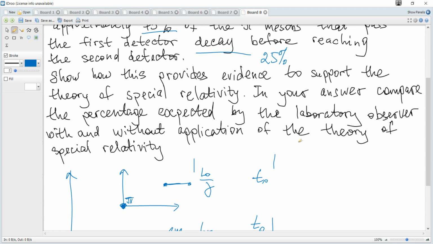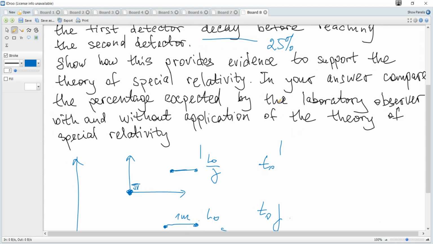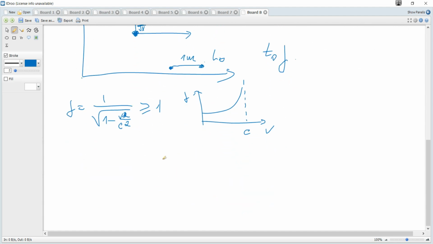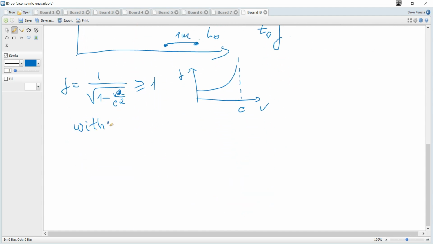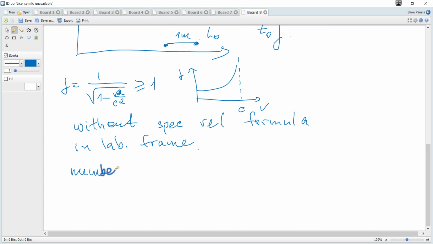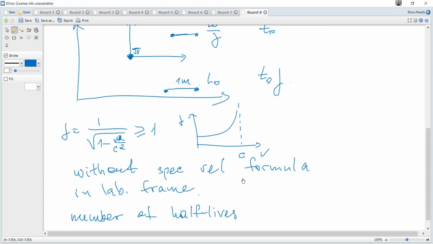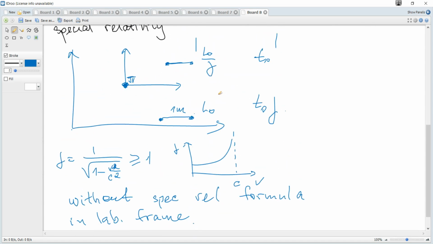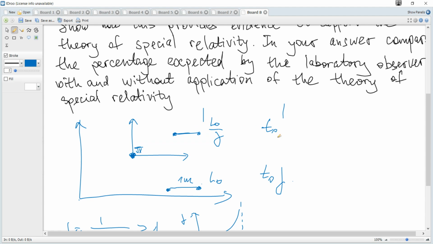And now let's consider what is required without special relativity, using the formula in the laboratory frame. Let's calculate the number of half-lives taken while the pi meson travels from one detector to another.